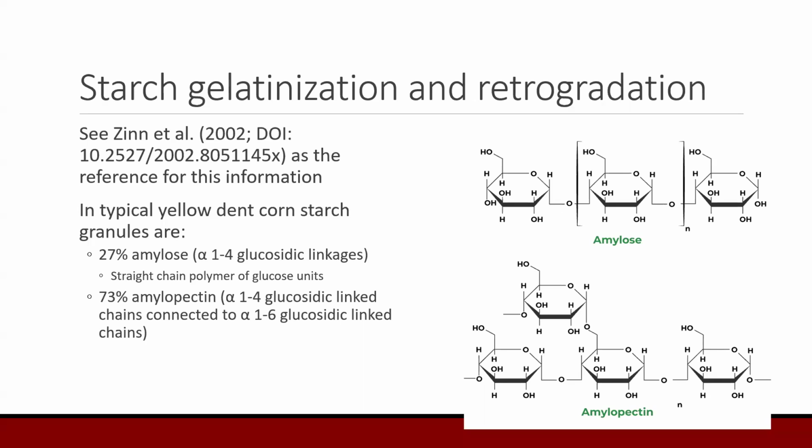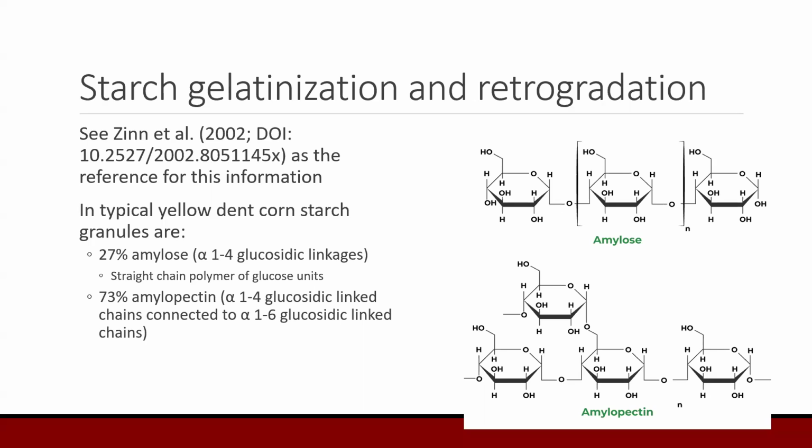Amylose is glucose molecules bound together in a straight chain by alpha-1,4 linkages. Amylopectin still has that amylose straight line, but it also has branching points, which are alpha-1,6 glucosidic linked chains.